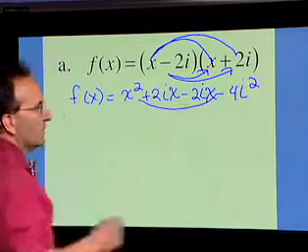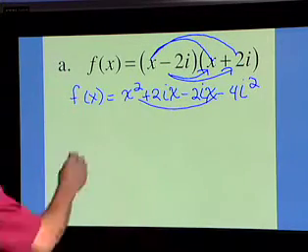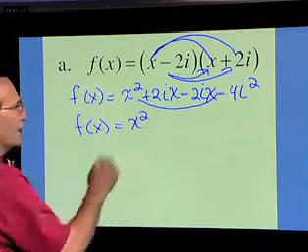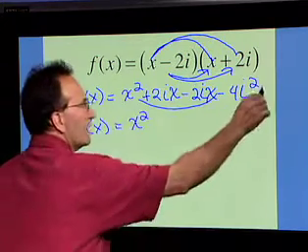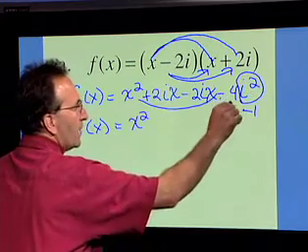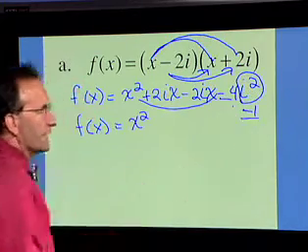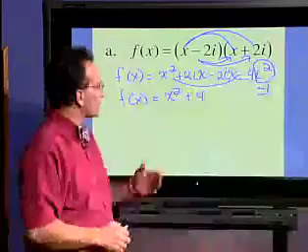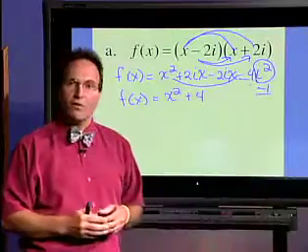Now, the middle two terms add up to 0. So what we get is f of x equals x squared. And then, remember that i squared is negative 1. So we're multiplying negative 4 times negative 1, so this would be plus 4. So we have f of x equals x squared plus 4.